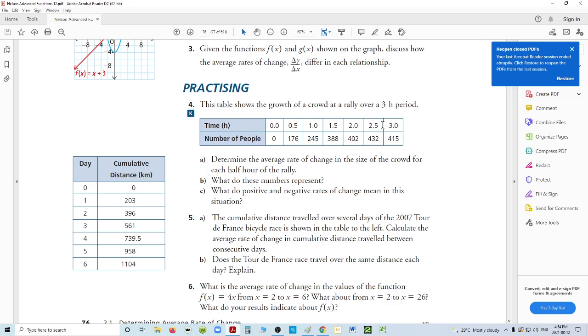And after another half an hour, the crowd started getting smaller. So it looks like there was a very quick arrival. Then it starts tapering off to 432, which was the peak, and then it starts going down.